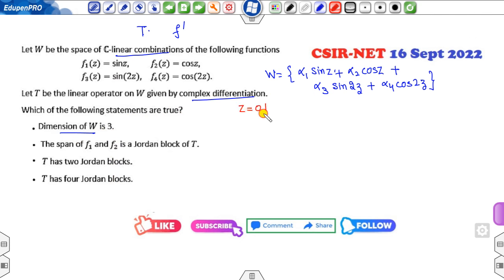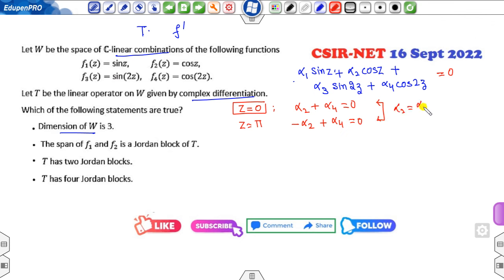Firstly, I can take z equal to 0, so I can start from this linear independence relation. If z is equal to 0, we get alpha 2 plus alpha 4 equals 0. Take any other number, say z is pi, where sine is 0. So clearly from these two cases, alpha 2 and alpha 4 are 0.